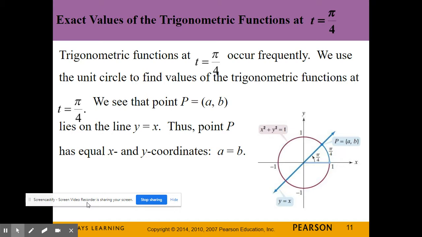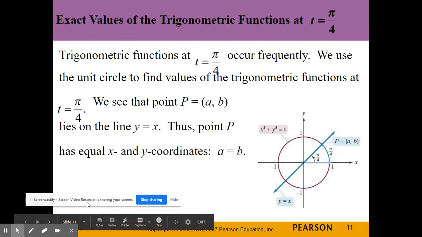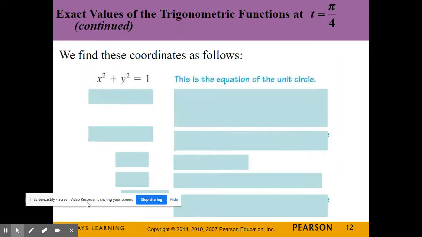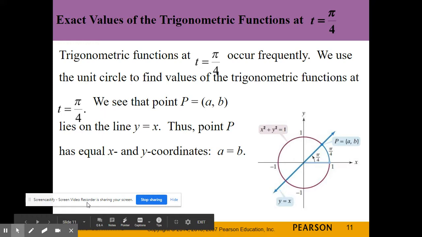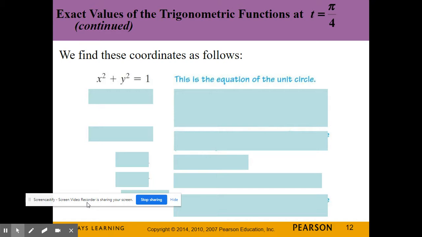This is where pi over 4 is where the degree is 45 degrees. 45 degrees is half of 90 degrees. So this is cutting this quadrant directly in half. And we know that A and B have to be the same because the x and y have to be the same on that spot because it's on the line y equals x. All right, so we're going to use that fact as we prove this.